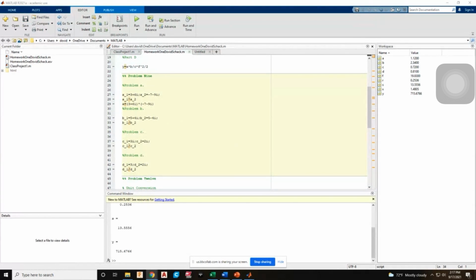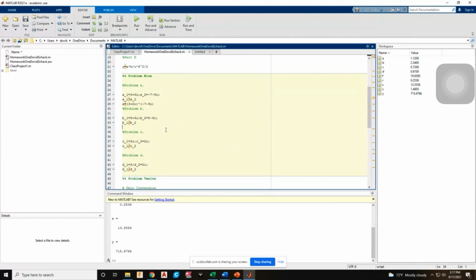B equal, and again the same thing with the line for C, line 39. 3i over 2.